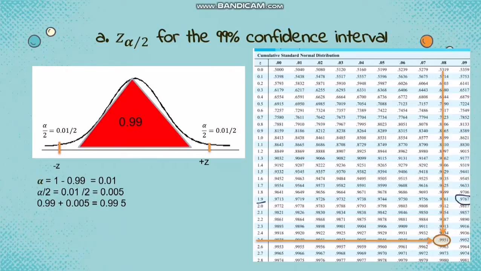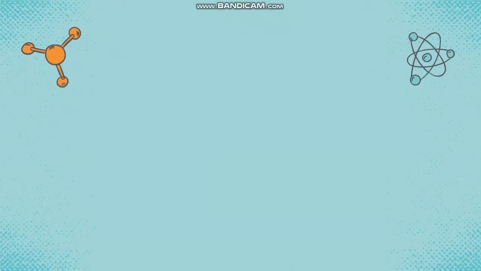So, we want to identify the z-score given an area of 0.995. We need to look for the value of 0.995 in the table, and here it is. So, the value of our z sub alpha over 2 is equal to 2.58.